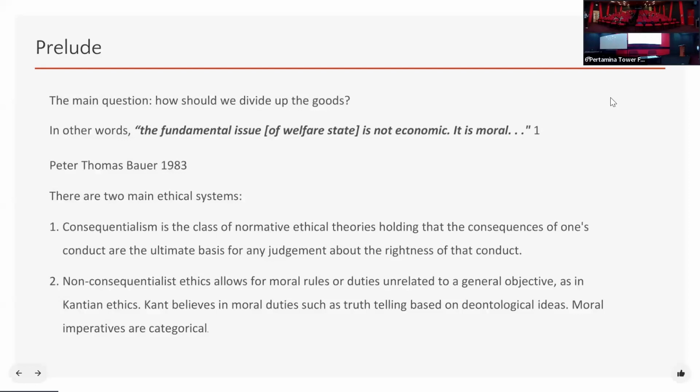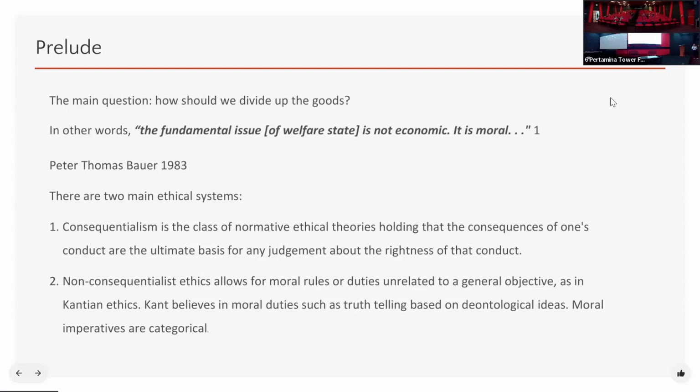In order to do that, I'm going to go back into teaching you a little bit of ethics, okay? There are basically two ethical systems that comprise all the other ethical systems. The first one is called consequentialism, and the second one, non-consequentialism.